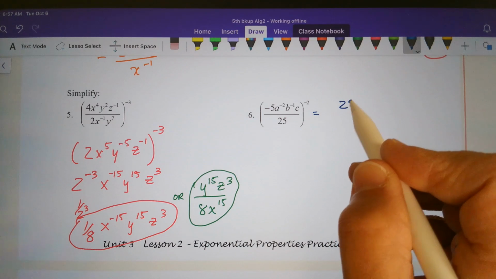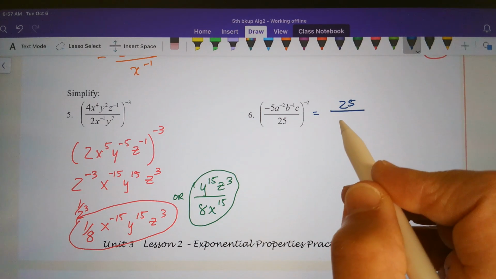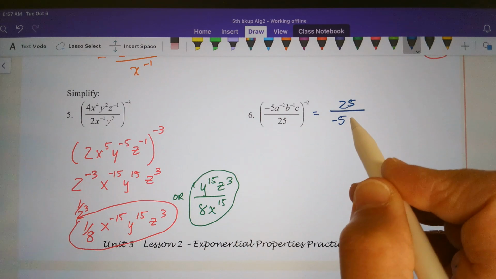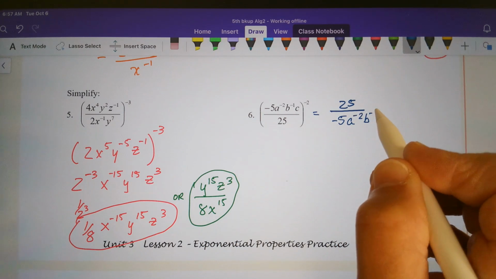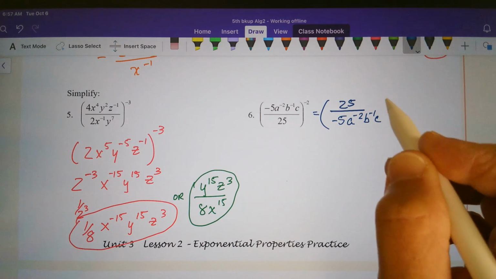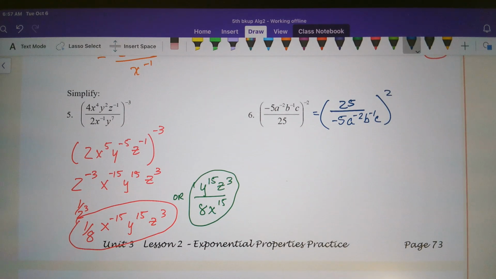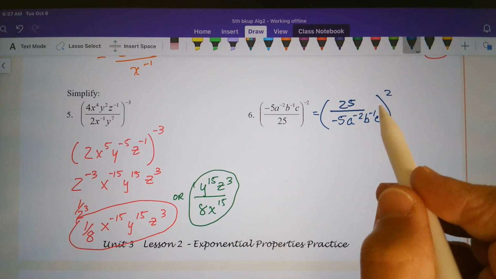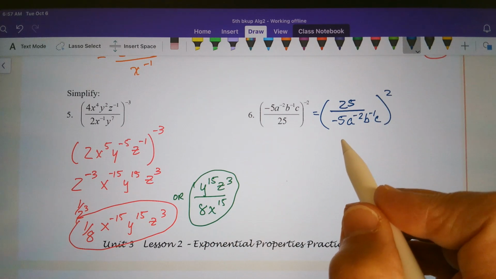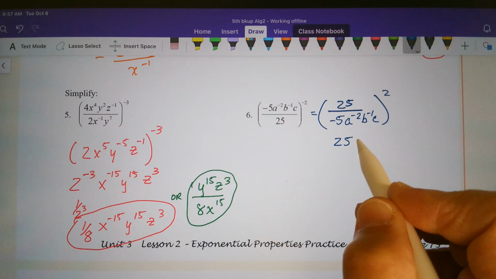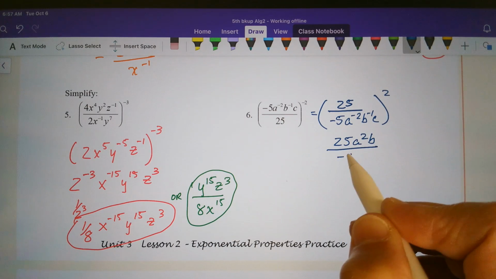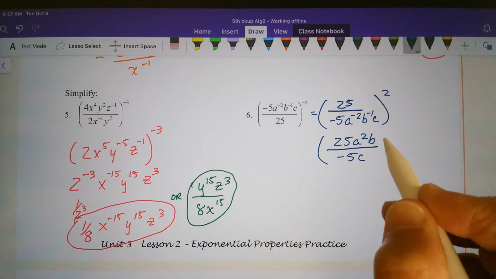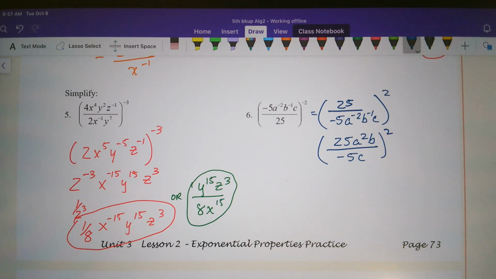So this would be 25 over negative 5, a to the negative 2, b to the negative 1, c, all raised to the positive 2. And then I believe I'm going to move these up. So this would be 25 a squared b over negative 5c. This whole thing would be squared.